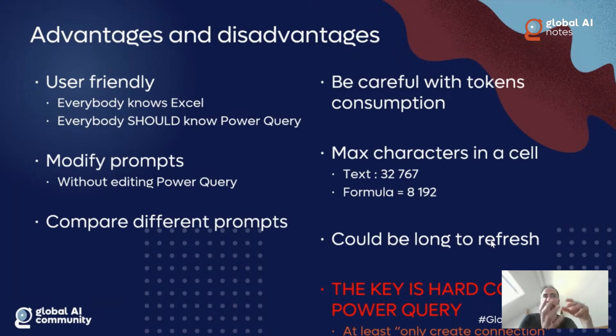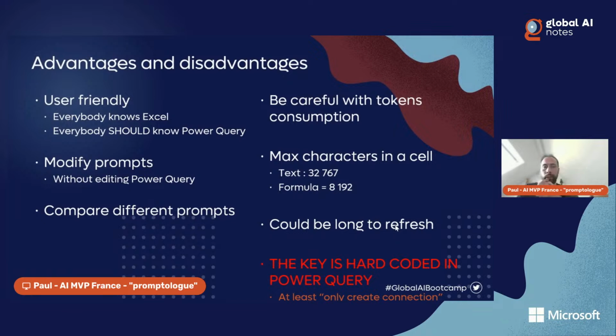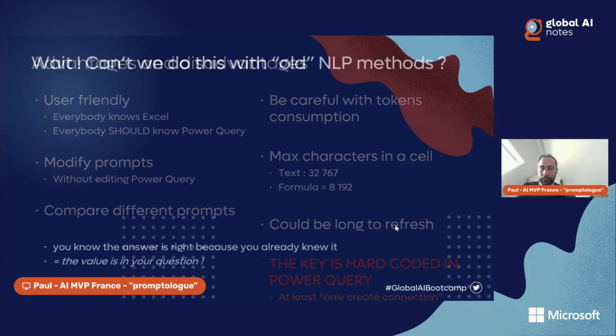If you need some big prompts, you can't go further than 32K characters, and be careful about the API key, because it's hard coded inside the Excel.